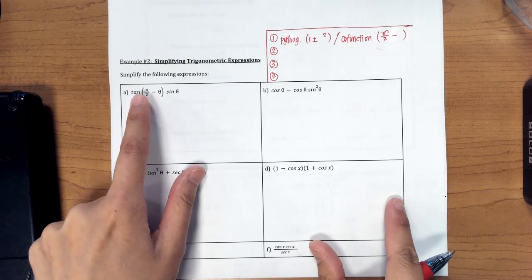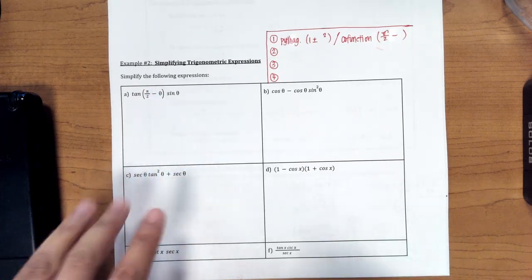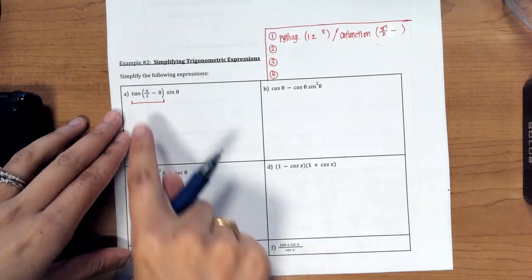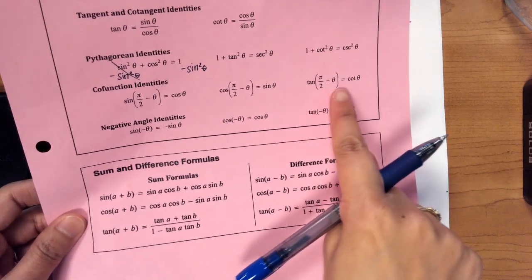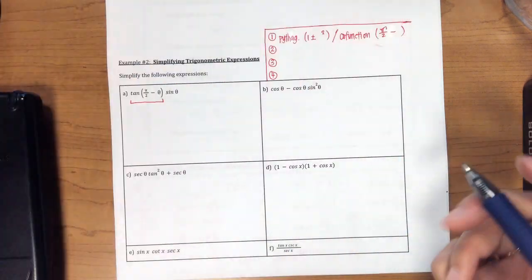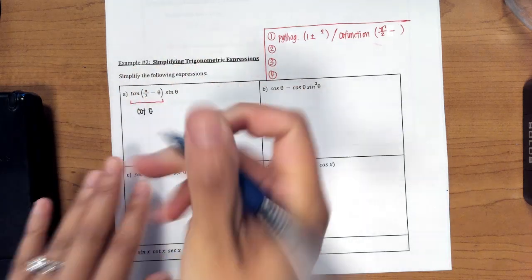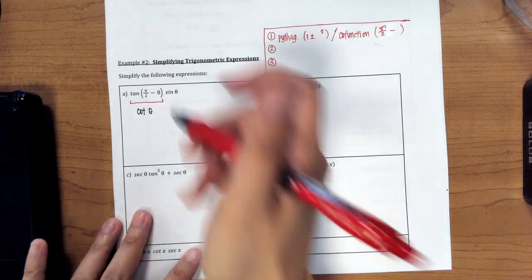Do you see how here tangent of pi over 2 minus theta, I can simplify that by rewriting that, and let's check, this is what you're going to do today, we're going to check it, and that equals cotangent theta. So I'm going to rewrite this as cotangent theta. I'll keep sine theta.